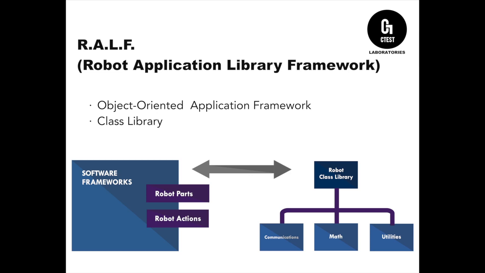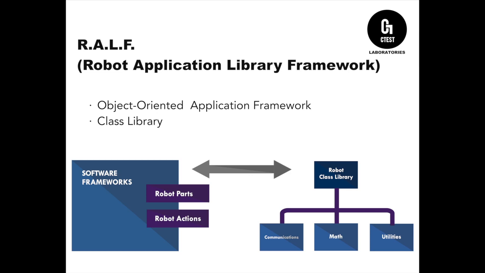The software is dealing with everything that the hardware is dealing with, and more. Okay, but in a simple view, that framework is going to consist of a collection of robot parts, and these are all objects, and it's going to consist of a collection of robot actions, and those would be function objects or methods.